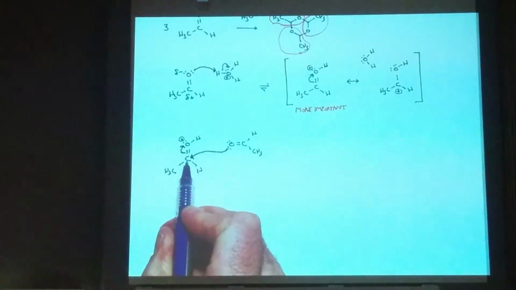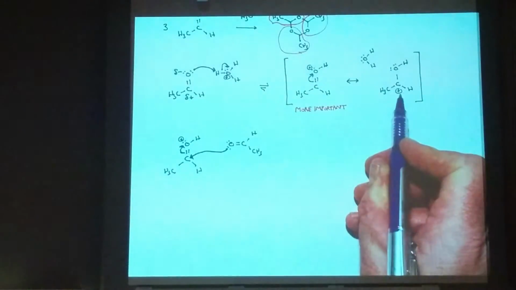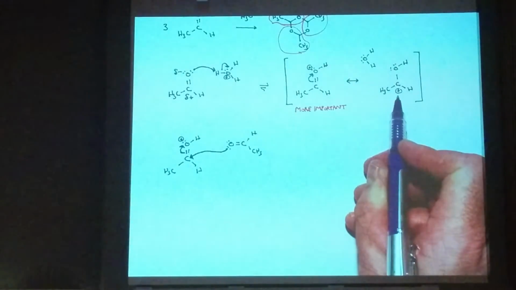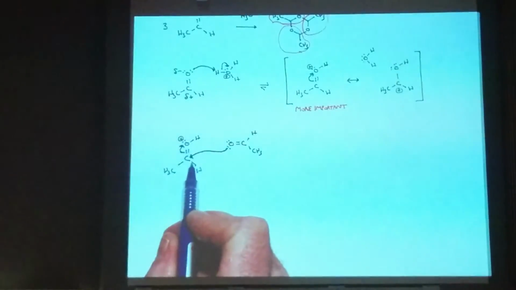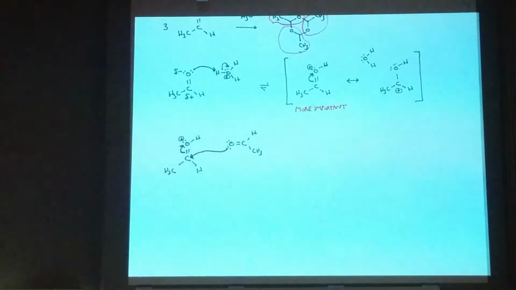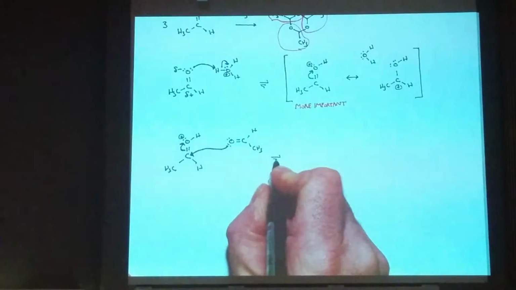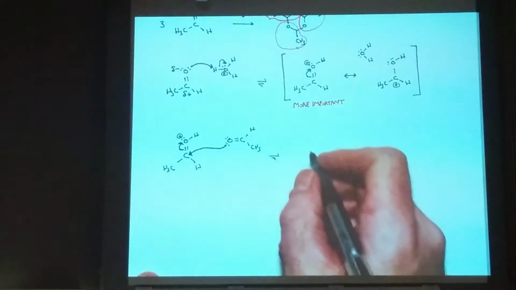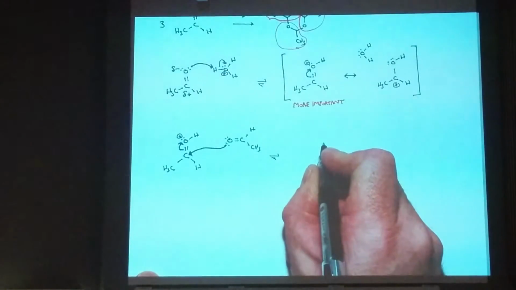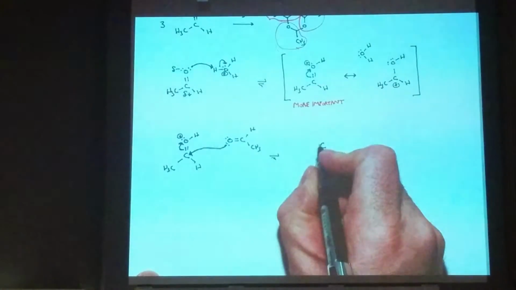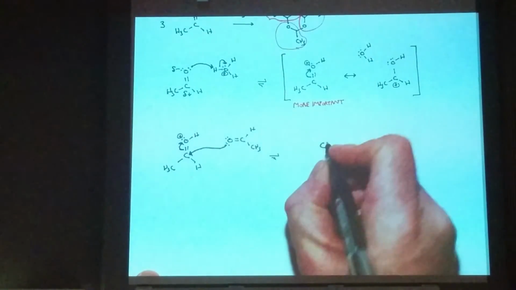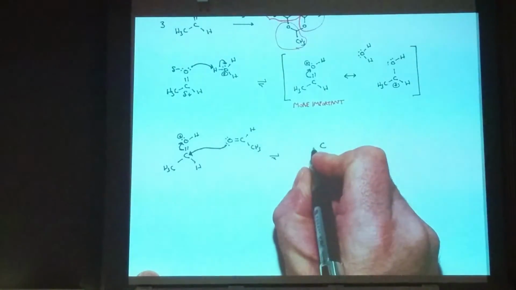Again, I'm drawing the most important resonance structure, but this one shows that that carbon has an even bigger partial positive charge on it. So what's that going to give us? That's going to give us something that kind of looks like this. Let me do it like this.